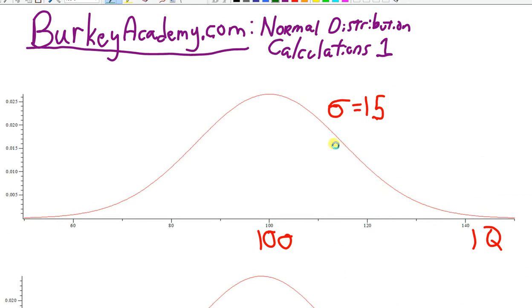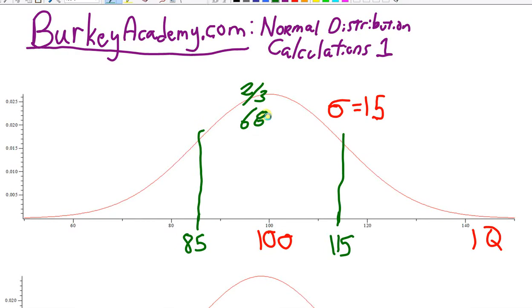It says that if you go out to 1 standard deviation above, that's 100 plus 15, 115, and you go to 1 standard deviation below, that would be 100 minus 15, or 85, then there's about, now different people teach this different ways, some people say about 2/3 of the data, some people say about 68% of the data.